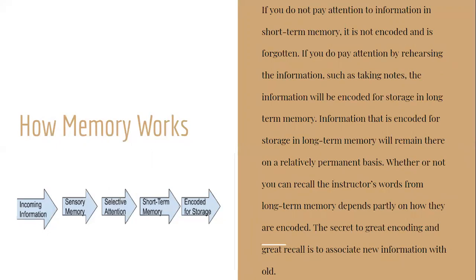If you do pay attention by rehearsing the information, such as taking notes, the information will be encoded for storage in long-term memory. Information that is encoded for storage in long-term memory will remain there on a relatively permanent basis. Whether or not you can recall the instructor's words from long-term memory depends partially on how they are encoded. So the secret to great encoding and great recall is to associate new information with old.